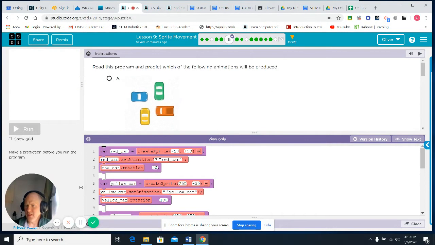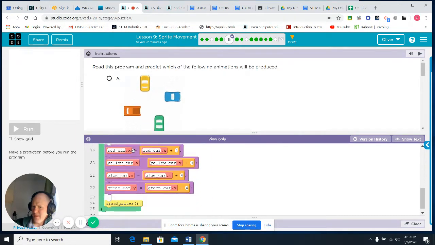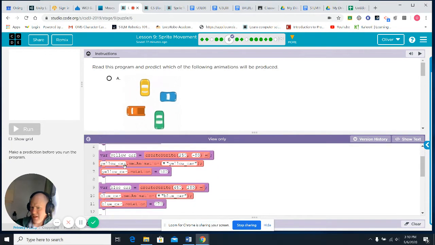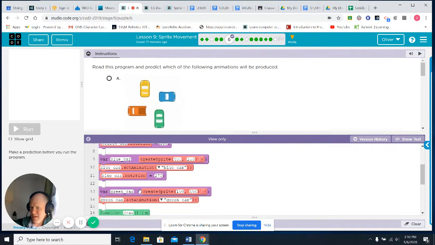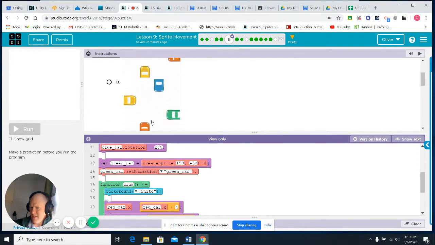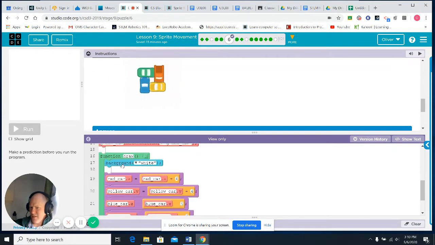Here's a challenge for you. What we need to do is figure out what the code is for. Notice how we got all the information for red car, yellow car, blue car, and green car. Which one of these, which code is this for?